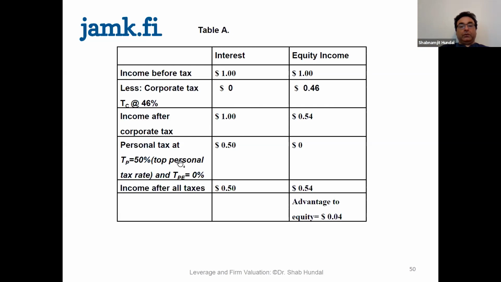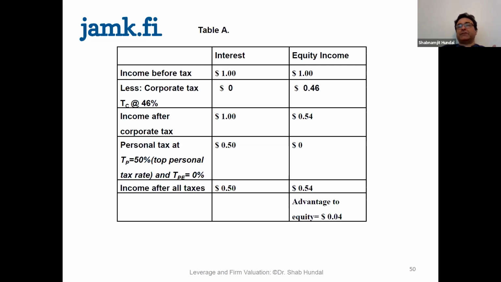And then we find out that the personal tax rate is 50% if you earn through interest. But let's imagine that the tax on the equity income is 0, and this is not hypothetical.